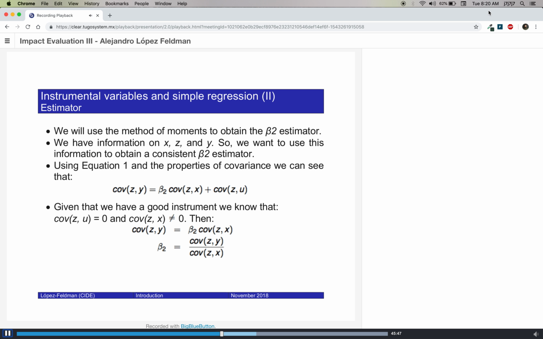So using these assumptions, I can say that this is an alternative formula to obtain beta 2. And I am using information concerning Z, X, and Y. And it happens that the information concerning this instrumental variable is going to allow us to include causality. So in this way, we use the instrumental variable, and this is going to include causality.